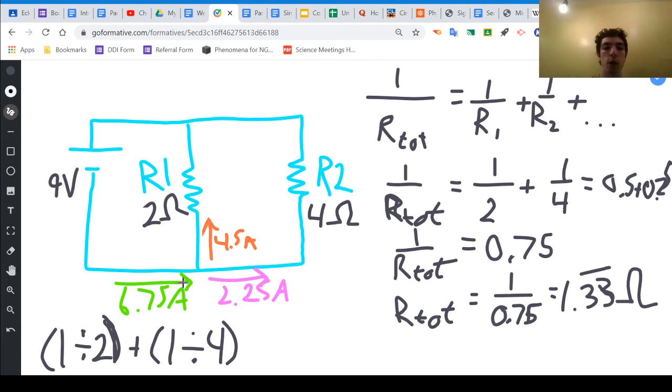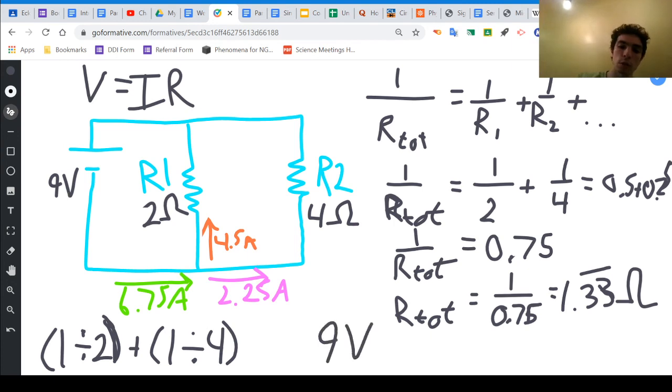Now, we recorded what this total current was in our circuit. Let's see if we still get that total current by taking Ohm's law, so V equals IR, and our data that we have now. So let's plug in our total voltage. Our battery is a 9-volt battery.